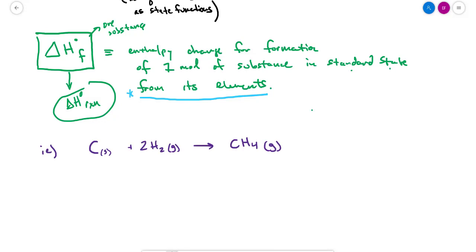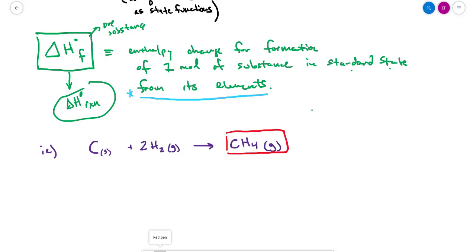So an example of a heat of formation, this delta H sub f, is again the enthalpy change for the formation of 1 mole of a substance in its standard state from its elements. So if we wanted to figure out what the heat of formation for methane gas was, we would write a hypothetical reaction, doesn't have to be real, but a hypothetical one that's balanced from the original elements to comprise that.